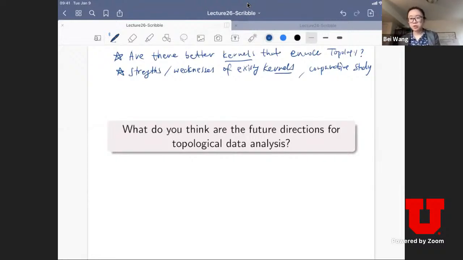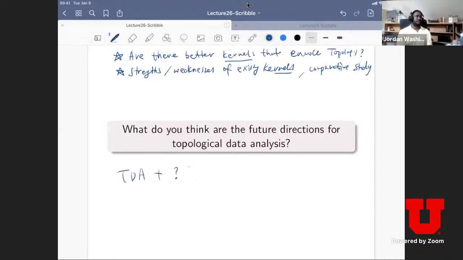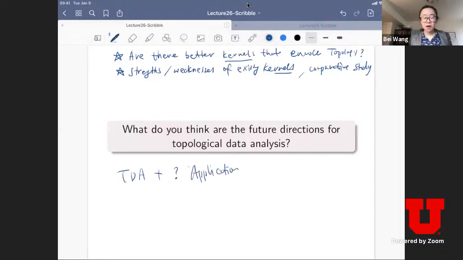Because of that, one very interesting direction that people have been looking at a lot is basically TDA plus something. And this something can be an application, or it can be other domains, for example, statistics.